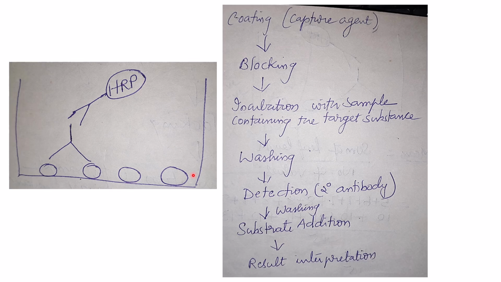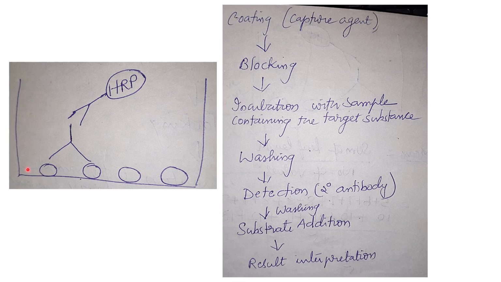That means when you add your sample, it will not be 100% pure. There may be some other substances which have a tendency to bind to spaces in between these antigens, or on the walls of the microtiter plate. They will have a tendency to bind on all these places, that is, the free sites available in the well.